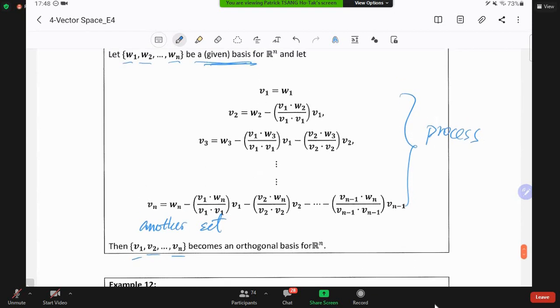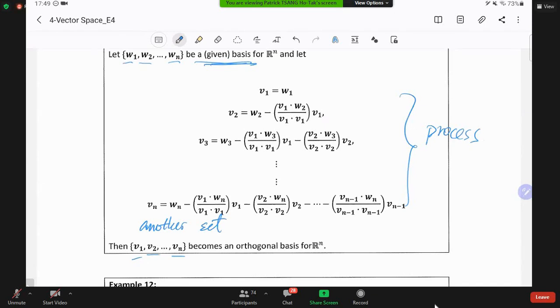So this is the central focus of this part. We would like to rely on the so-called Gram-Schmidt orthogonalization process to help us transform a given basis into an orthogonal basis for the general Rn space. So this is the idea.